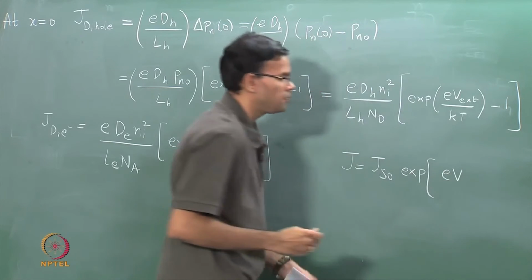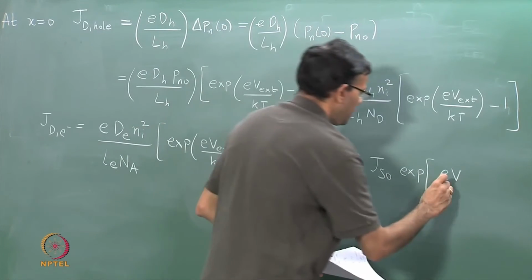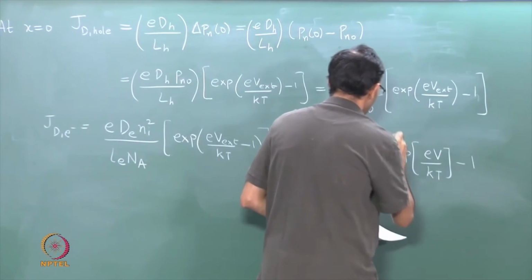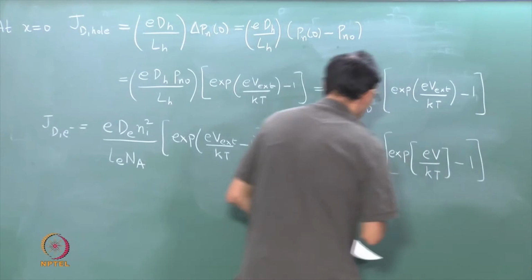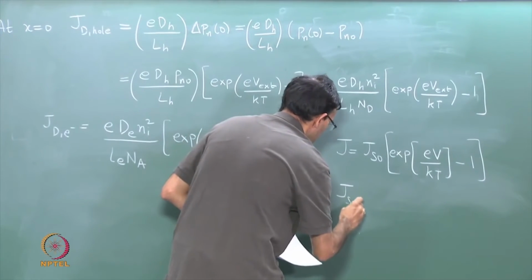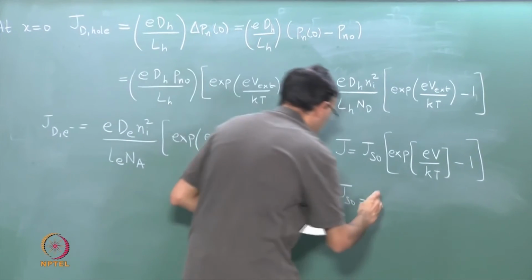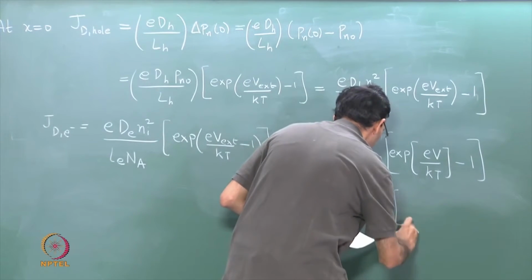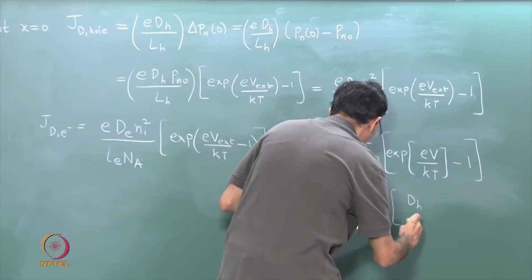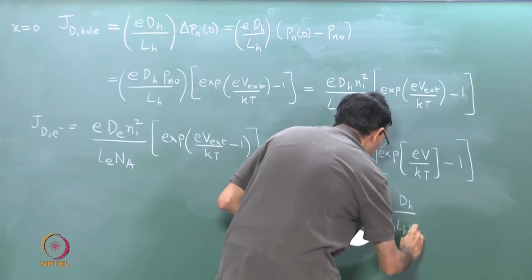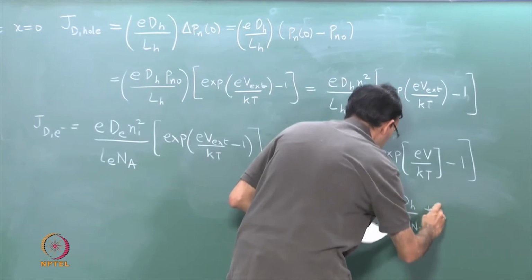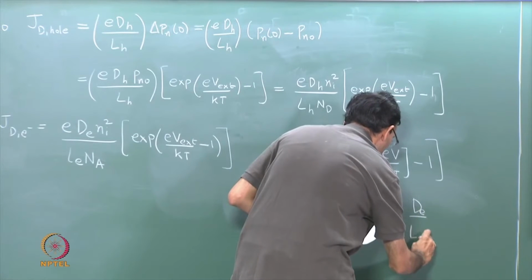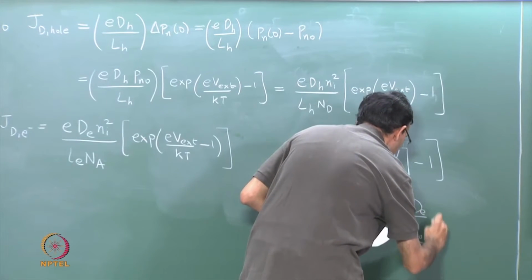I am going to drop the subscript external and just write it as EV over KT minus 1, where Js naught is Ni square E times dH over LH Nd plus dE over Le Na.